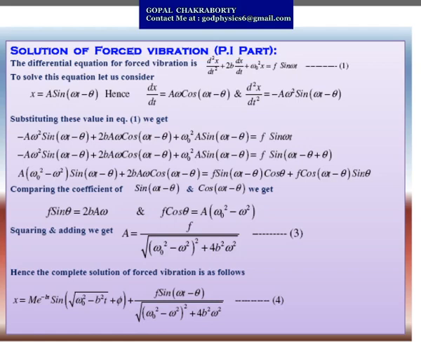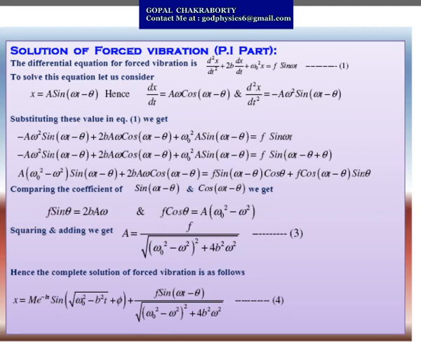Substituting these in equation number 1, you get minus a omega square sine of omega t minus theta plus twice b a omega cos of omega t minus theta plus omega naught square a sine of omega t minus theta, equals f sine omega t.